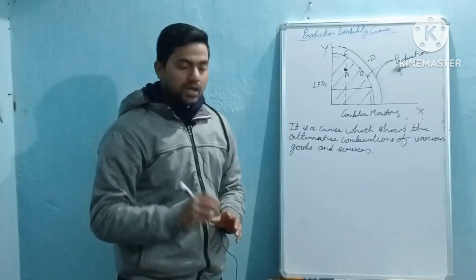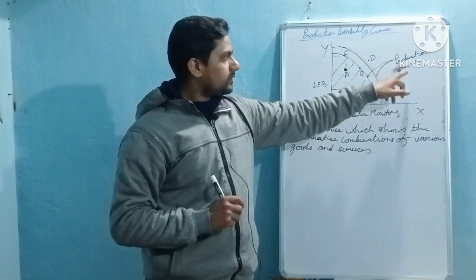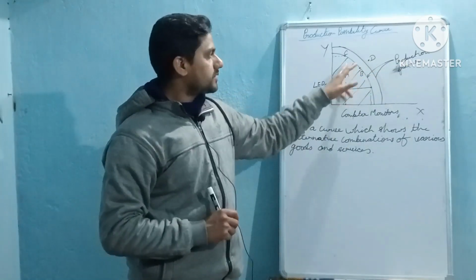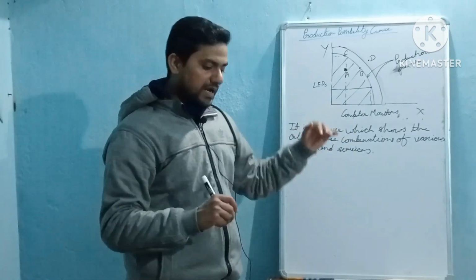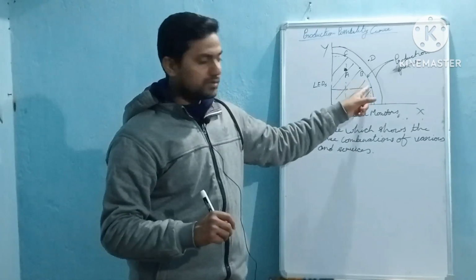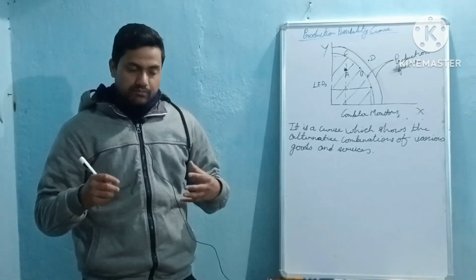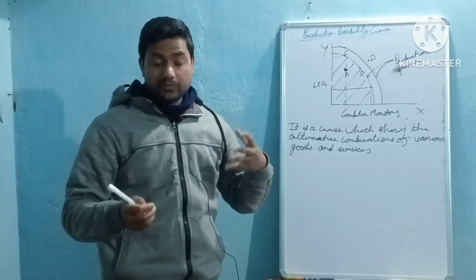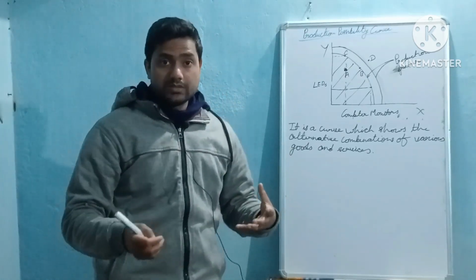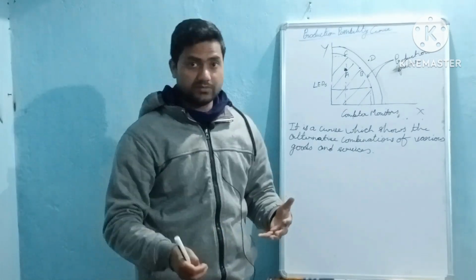Then next comes this one. Here it is written production frontier. So why does this curve act as the production frontier? Because when we are at this curve, we can produce the maximum amount of goods and services by using resources maximally. More than that is not possible, not feasible.